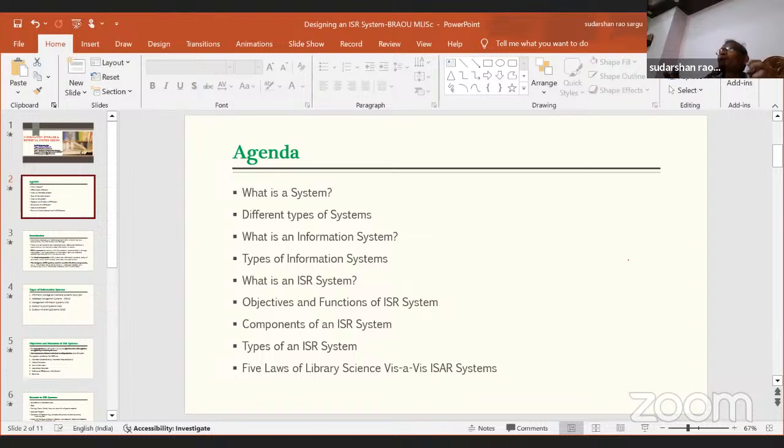Several components are integrated, put together, and it is more than one: 2, 3, 4, 10, 20, whatever the number of components may be. They are integrated, combined together, and all of them together want to achieve a common goal.